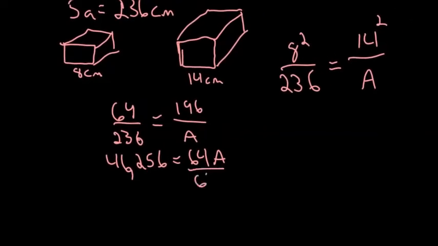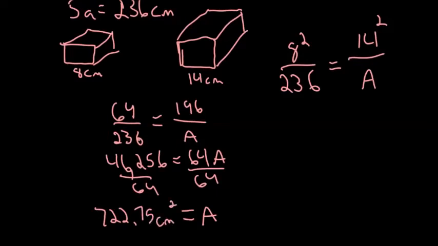There we go. Divide by 64. To get an area of 722 and 75/100 centimeters squared. So if you're trying to find a two-dimensional measurement, you have to make sure you square all of your one-dimensional measurements.